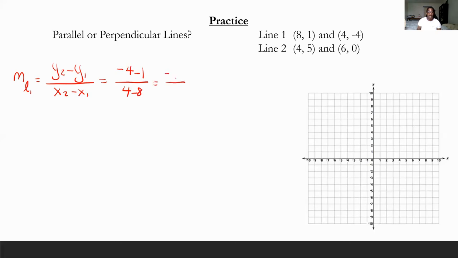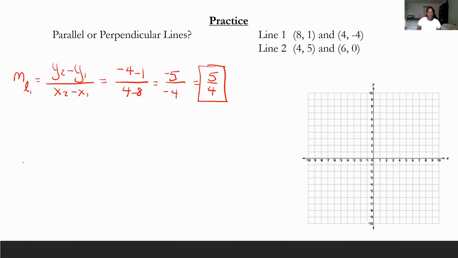So this will give me a negative 5 in my numerator, and a negative 4 in my denominator, but a negative divided by a negative will give me a positive. So the slope for the first one is a positive 5/4. So it gives you a rise of 5 and a positive run of 4.